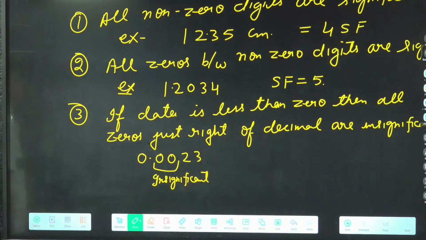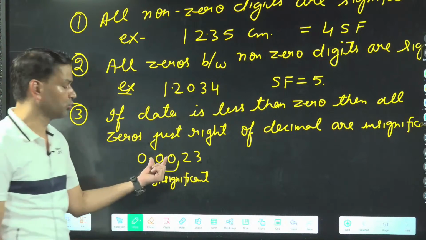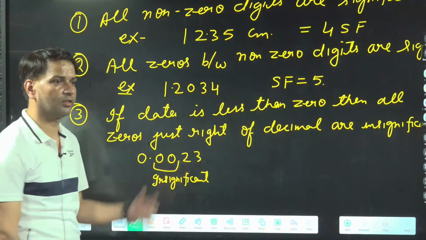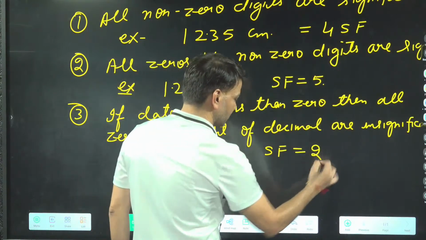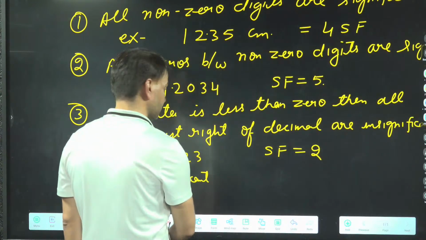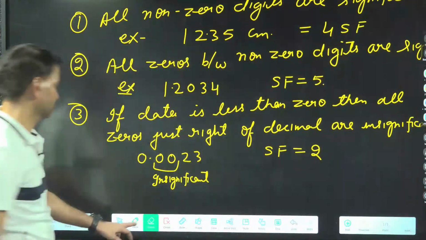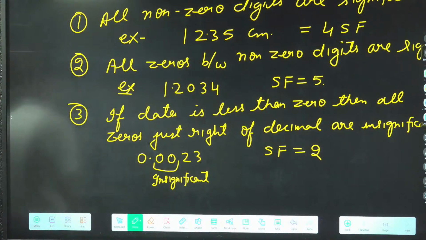These 2 zeros are insignificant. So only 2 non-zero digits remain. So the significant figures: 2 significant figures.